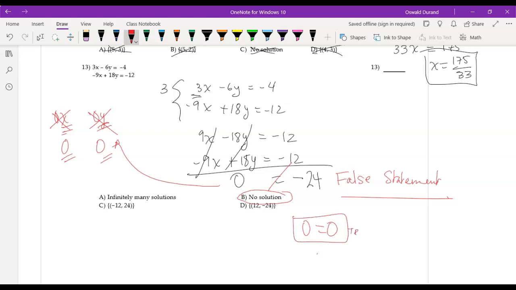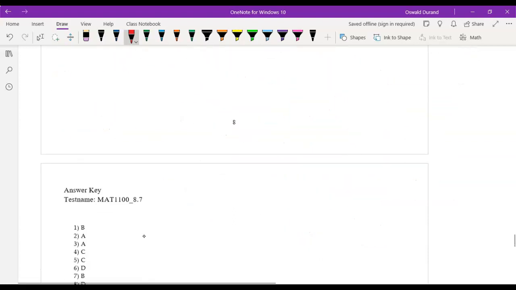If you come to this scenario, then infinitely many solutions will be your answer when you have a true statement. So that's that for systems of linear equations with two variables.